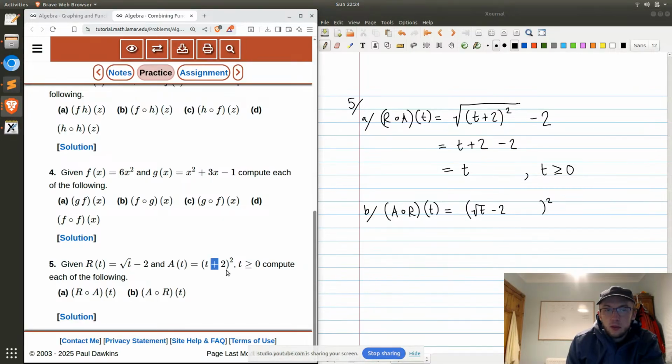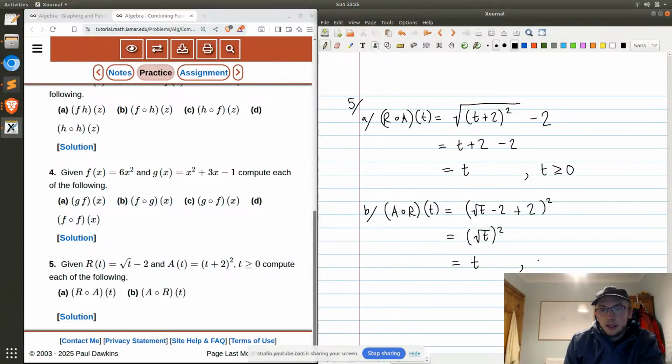And then the plus 2. Root t minus 2 plus 2 is root t. And when you square that out, you get t.